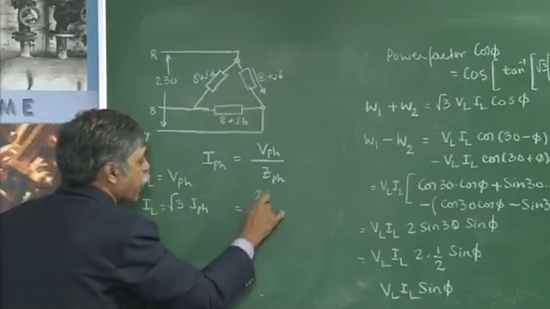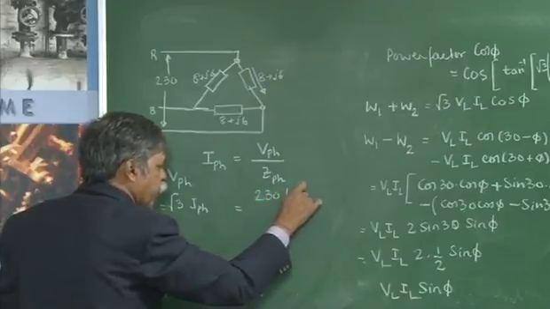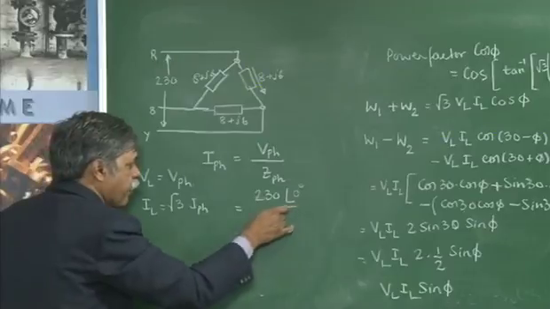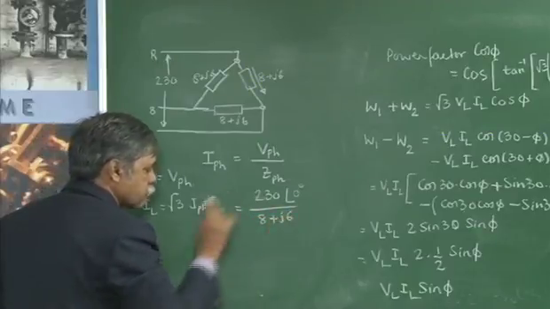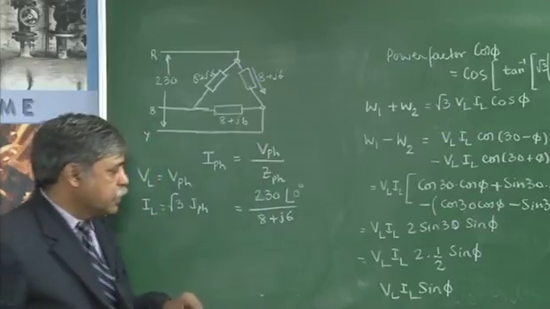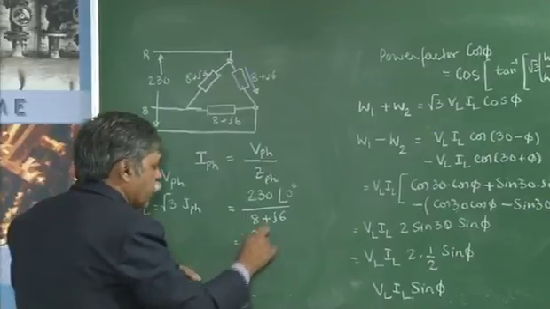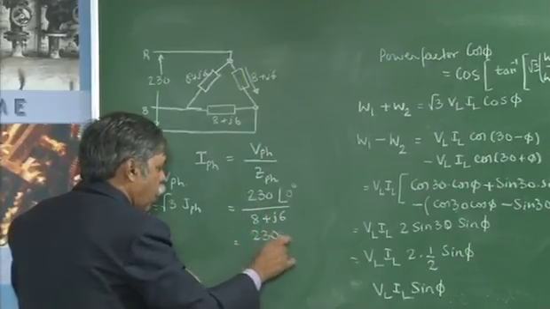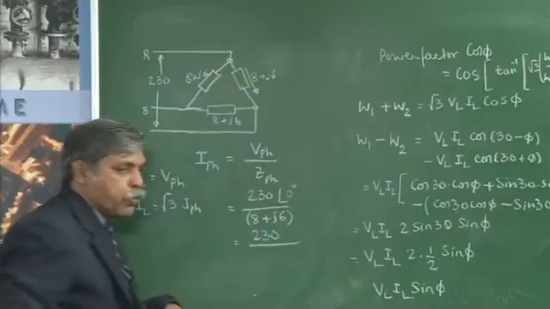Therefore I have here 230, which I am taking as the reference voltage, so the angle is 0, and the impedance is 8 plus j6. The numerator is a real number only, 230, because the angle is 0, and the denominator I need to convert into polar form.